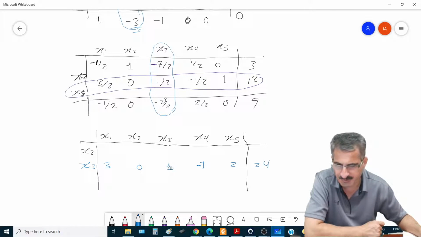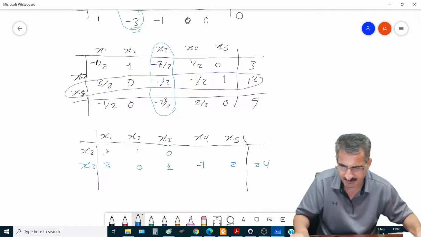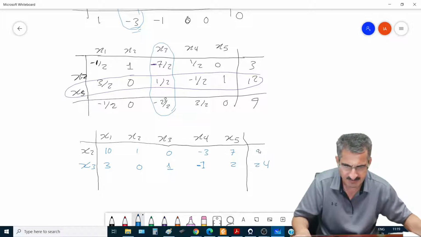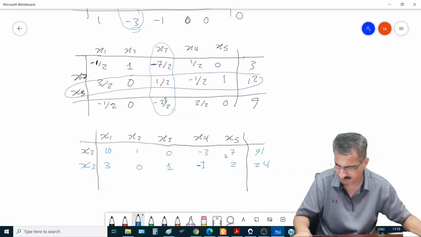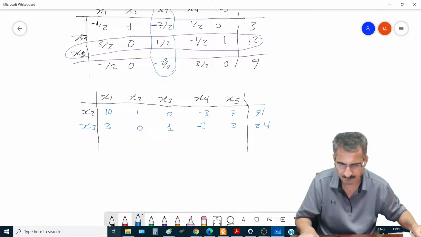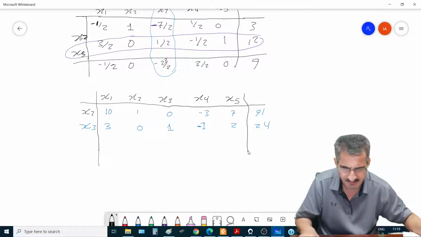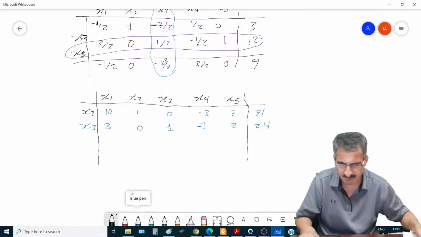Now row reduction. So we get 0, 1 here, 10 here, and -3 here, and 7, and then 91. I made this computation quickly before the class starts.